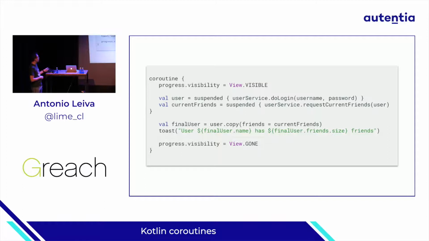When we've done all that, we can use, sorry, this brace should be here, so don't get confused. This is all inside the coroutine. So then the final user will be created with the friend that we recover from the request, and we can show the information in the UI and hide the progress visibility.